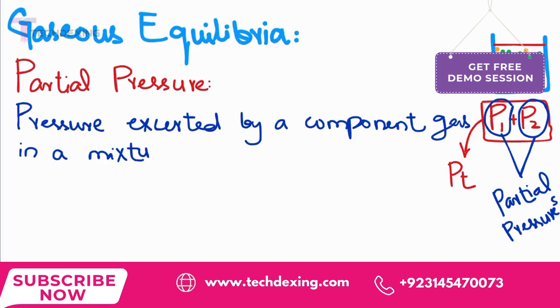If you increase the number of moles of gas inside the container, the total pressure would increase, and the pressure exerted by one gas in a mixture is the partial pressure of that gas. The total pressure of the gases present in a mixture is equal to the sum of the individual pressures, called the partial pressures of the gases. Got it?